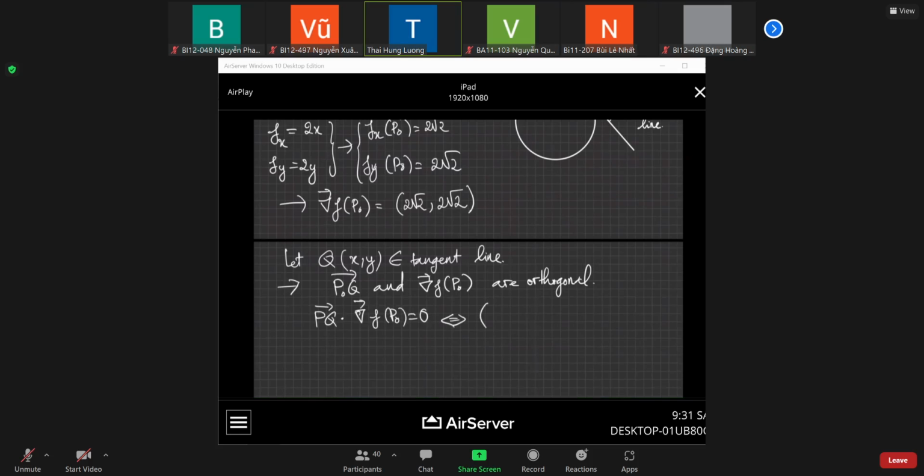It is equivalent to this. P0Q is nothing but (x minus square root of 2, y minus square root of 2) multiplied with what we had from the previous calculation. From linear algebra, you know that this product can be computed like this.